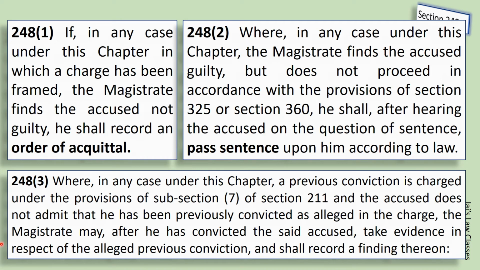See, this section comes into force only if in the charge it has been alleged that he has been previously convicted in an offense. Second, such a case shall be taken up only if the accused says that no, it is false, I was not convicted in any previous case.